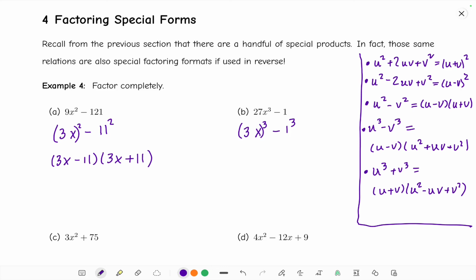So, by the difference of cubes formula, this will be (3x minus 1) times, then we have u squared, so (3x) squared plus 3x times 1 plus 1 squared. And then simplifying that, you get 9x squared plus 3x plus 1.